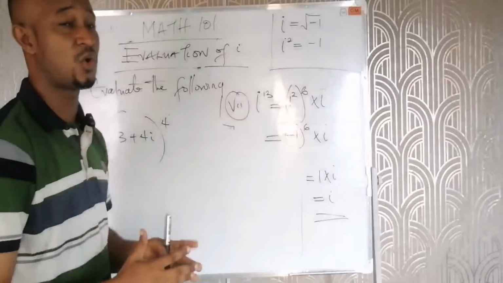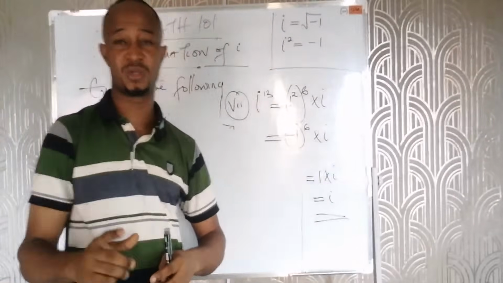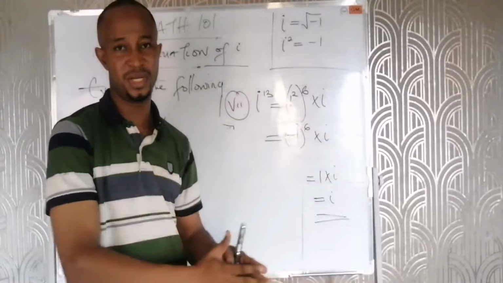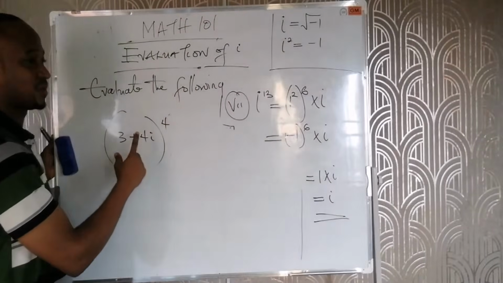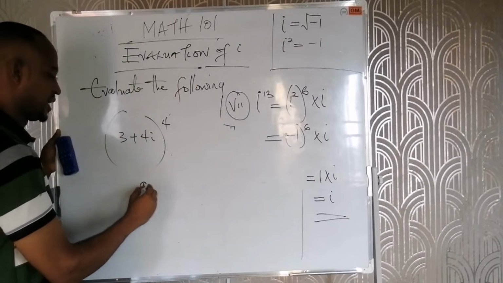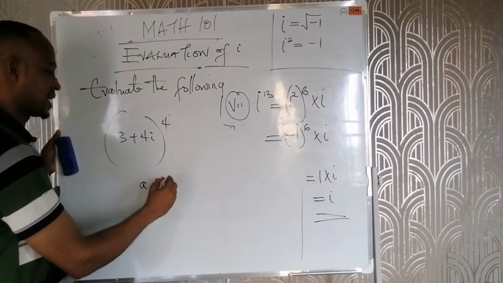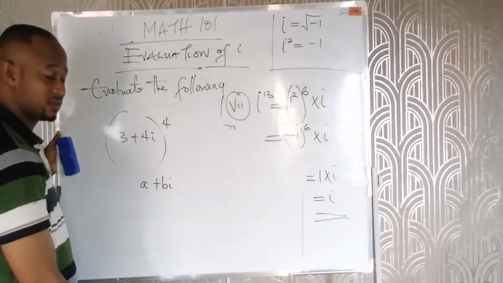Anytime you are evaluating complex numbers, the result must always be a new complex number. Take note. That means at the end of this expansion, I will end up having a real part and imaginary parts.